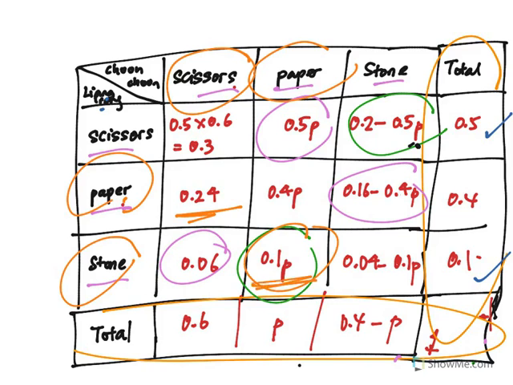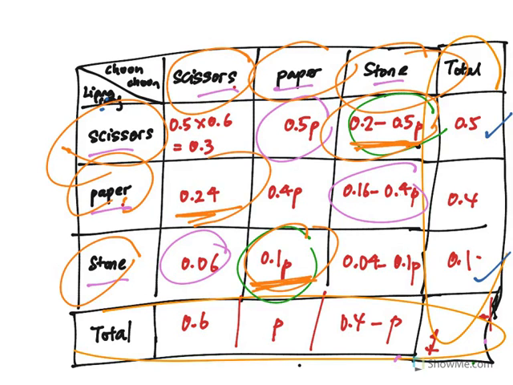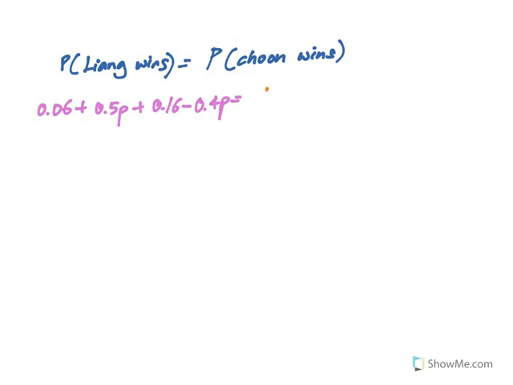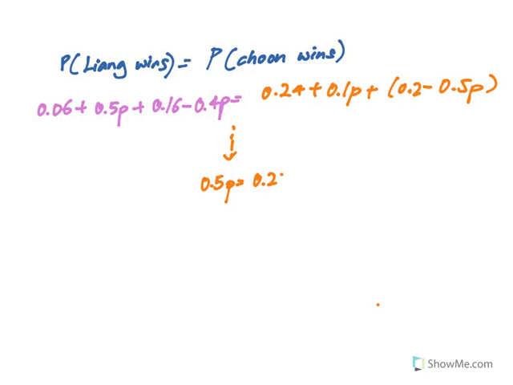Then if Chun gives stone, Liang gives scissors. So we are looking at 1, 2, and 3. We want the answer to be equal to 0.24 plus 0.1p plus 0.2 minus 0.5p. So you just simplify this. You're going to get 0.5p equals 0.22 and p equals 0.44.